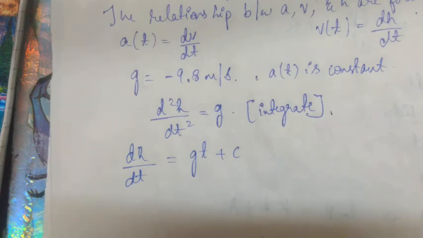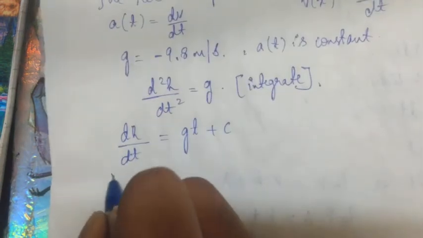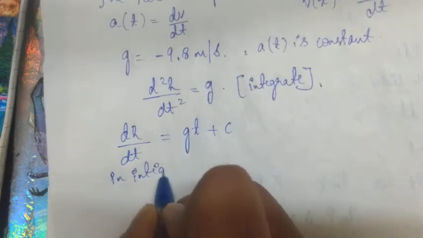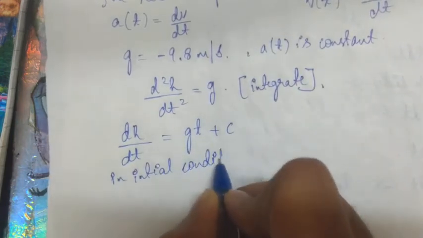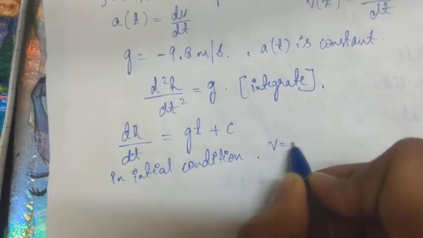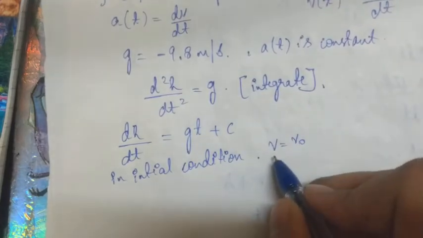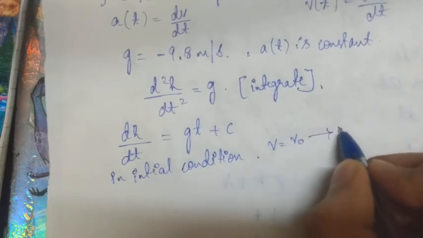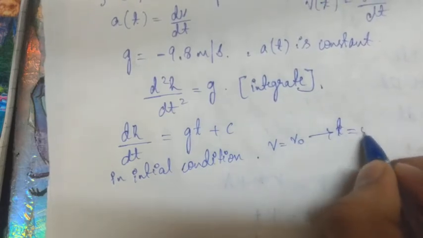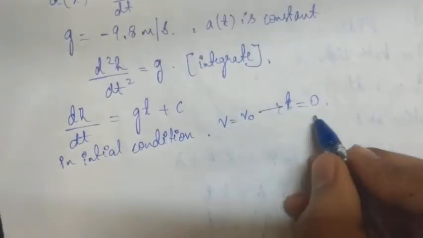At the initial stage, the velocity will be 0, and the initial velocity at t equal to 0 is 0 itself. Let's see, when time is 0, what happens to velocity, which is v naught in the initial condition. So v is equal to v naught and t is equal to 0.